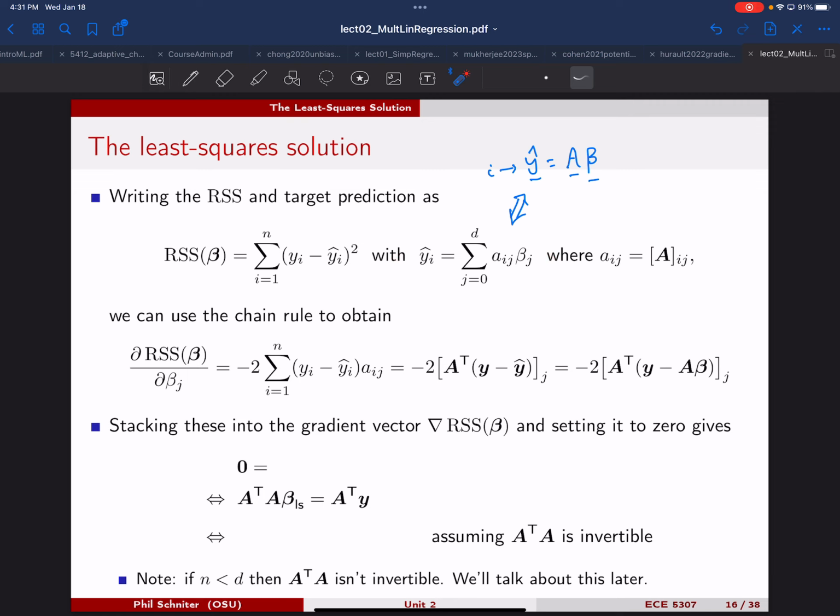Now, this is something that often happens that trips up students, so let me try to explain this carefully. The way we're writing this, we are using the variable j on the left side here to denote which variable we are taking the derivative with respect to. So j is a fixed quantity.